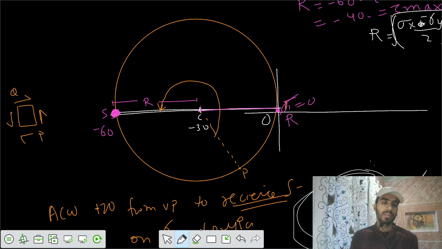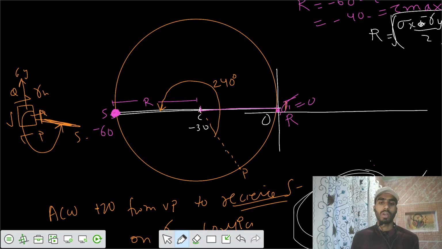This is plane P, this is plane Q, sigma x, sigma y. So from plane P, you have to go some angle, 240, 180. From this vertical, you have to go somewhere here to receive that plane S. This is plane S, so you have anti-clockwise theta equal to 240 degrees.